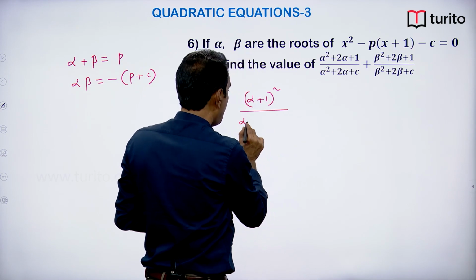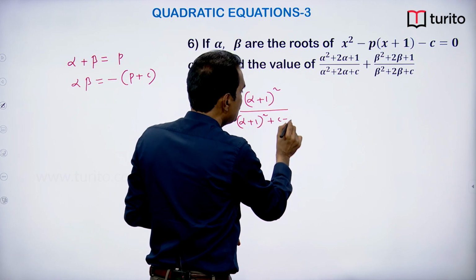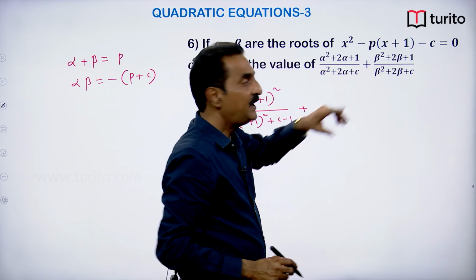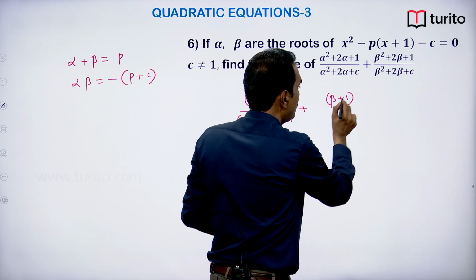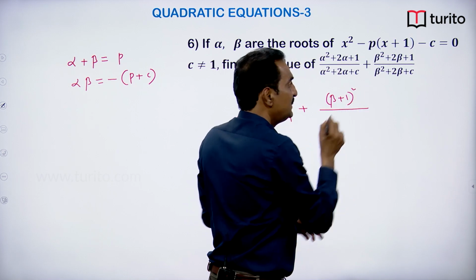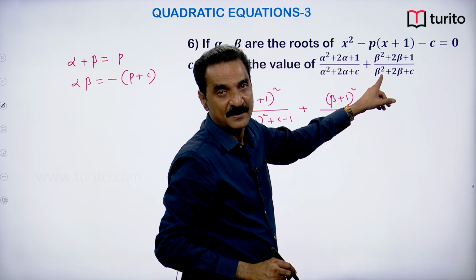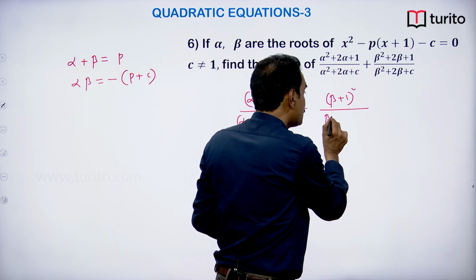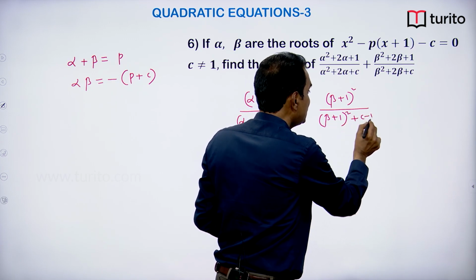So, alpha plus 1 whole square plus c minus 1, and the second term beta plus 1 whole square by, in the denominator I want to add 1 to the first two terms so that it becomes a perfect square, then I will subtract 1. Beta plus 1 whole square plus c minus 1.